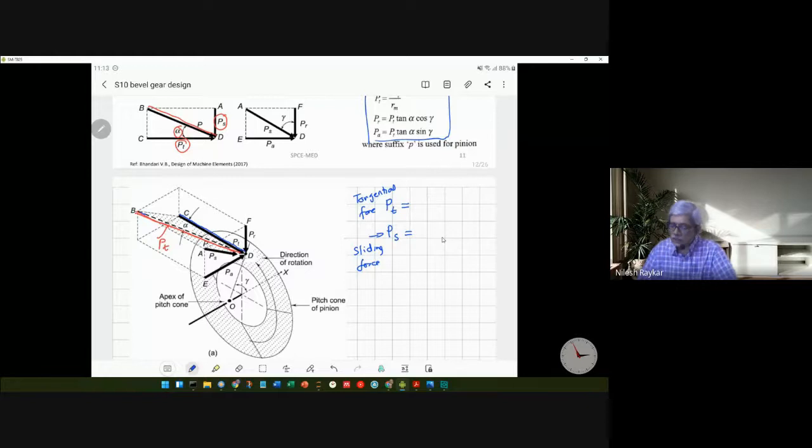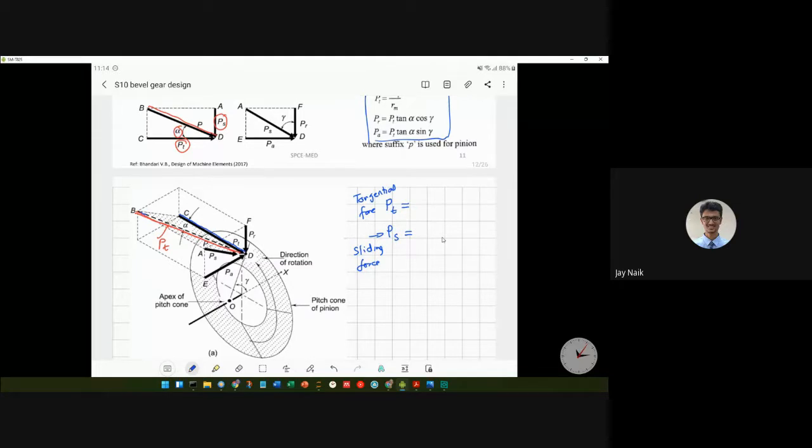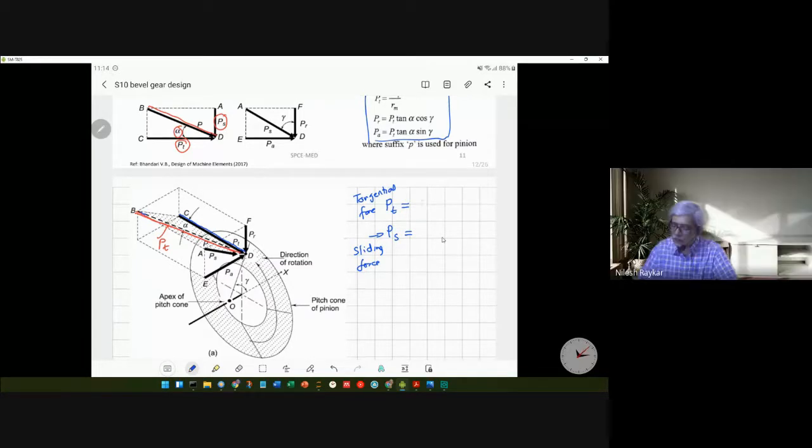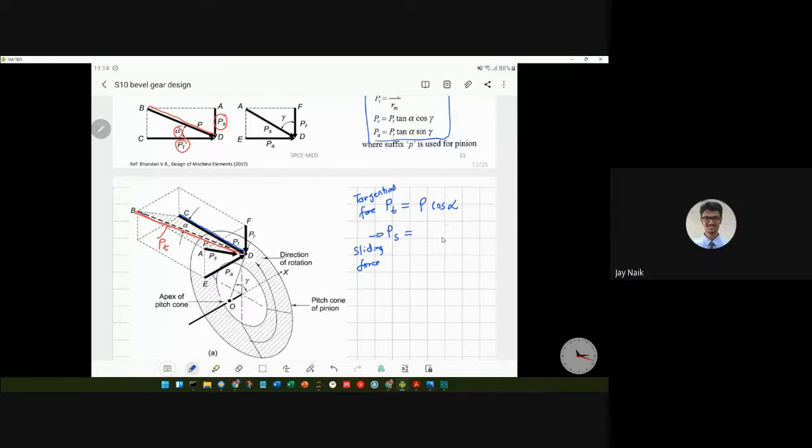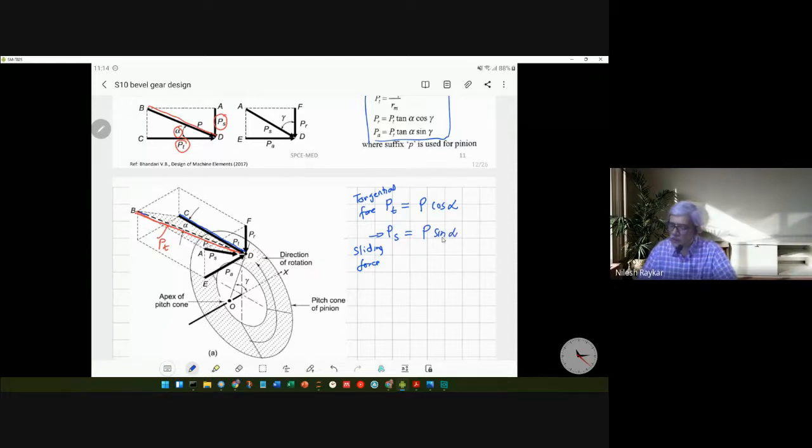So tell me what is the relation between P and PT. P cos alpha. So PT equals P into cos alpha, where alpha is the pressure angle, and PS would be P sin alpha. Thanks.